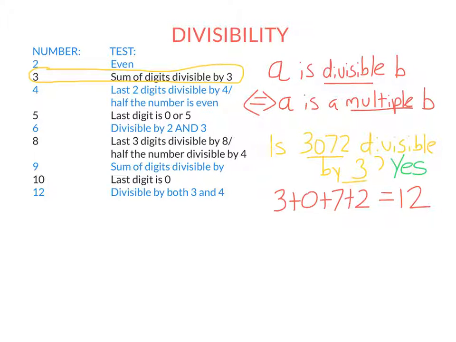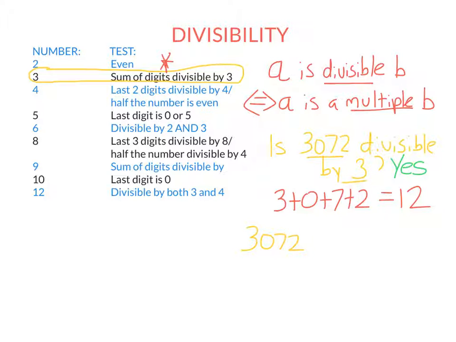So let's take our number 3072 and let's test if it's divisible by other numbers. So let's start at 2. This is saying a number is divisible by 2 if and only if the number's even, meaning its last digit is 0, 2, 4, 6, or 8.